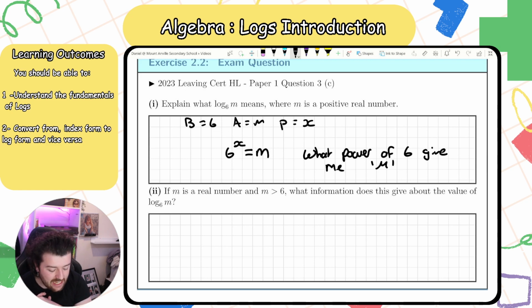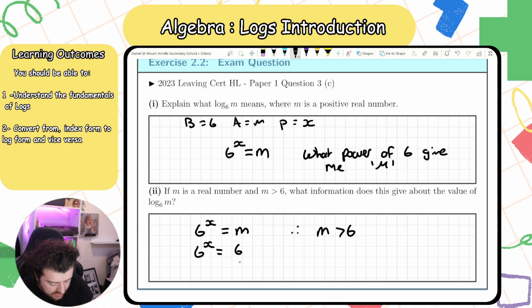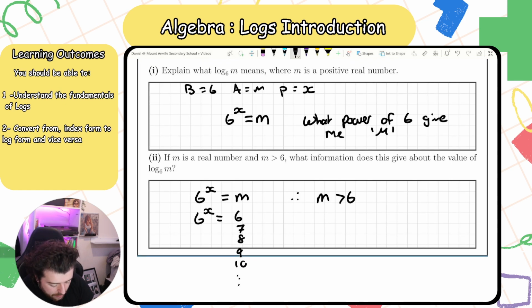So if m is a real number and m is greater than 6, what information does this give me about log base 6 of m? So I have 6 to the x equals m. Now they said here, m is greater than 6. So what does this tell me about x here? Well, 6 to the power of x is going to be equal to 7, 8, 9, 10, and so on.